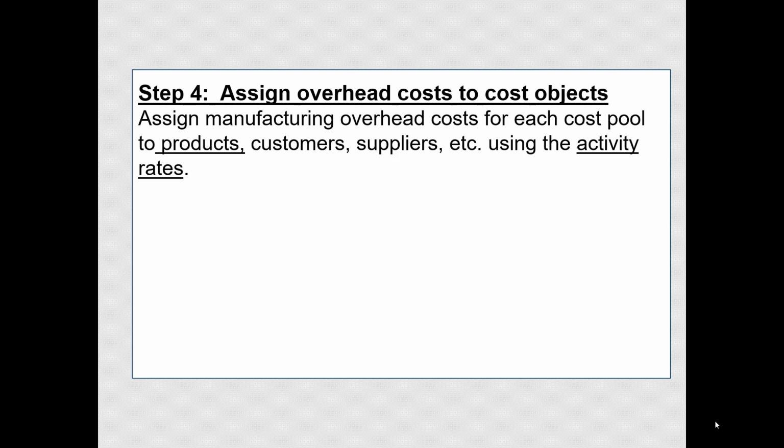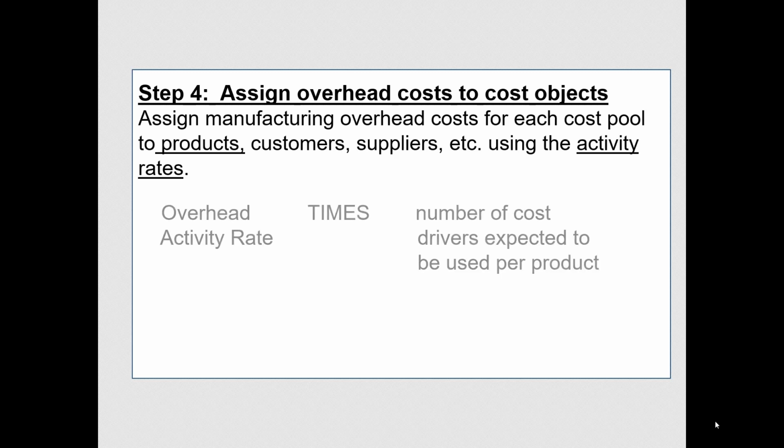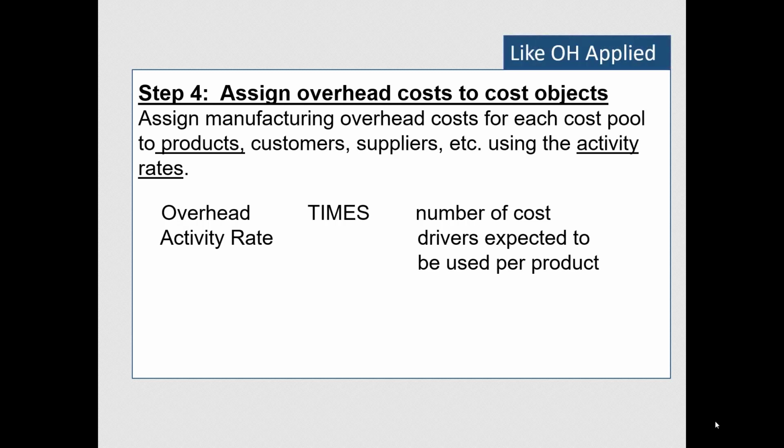In step 4, you'll assign overhead cost to cost objects. And you'll do this based on the occurrence of activity. The formula will be the activity rate that you computed in step 3 times the cost driver related to that product line. In other words, this is like the overhead applied calculation. Overhead rate times activity.